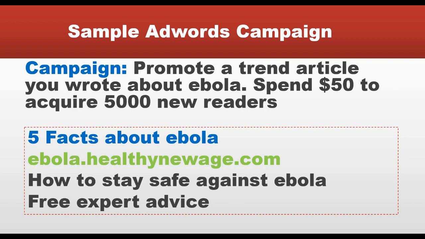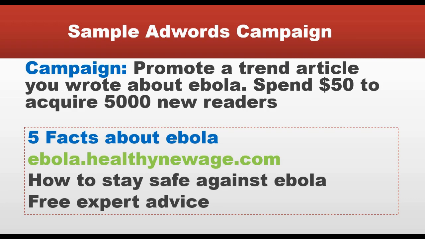So you'd like to spend $50 to acquire about 5,000 new readers, and you're only going to set the bid at 1 cent per click, because obviously we tell AdSense how much we are willing to pay per click. And so it's expected that we're going to receive at least 30 cents per click from 6% of the visitors, thereby recovering a large portion of our expenses.